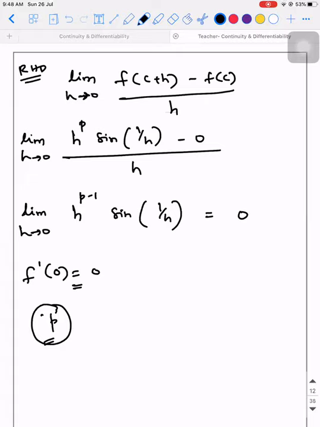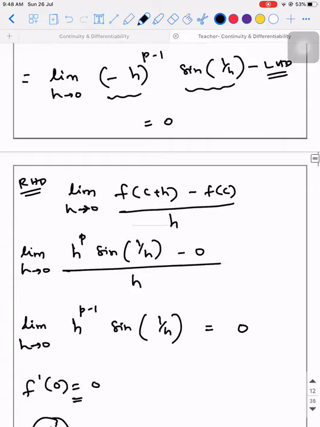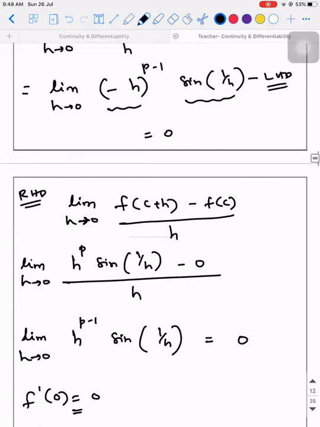Sir, but if we equate left hand derivative and right hand derivative, the exponents are same, no? So can we cancel p minus 1? But here you have minus h, no? What am I going to do after this step?